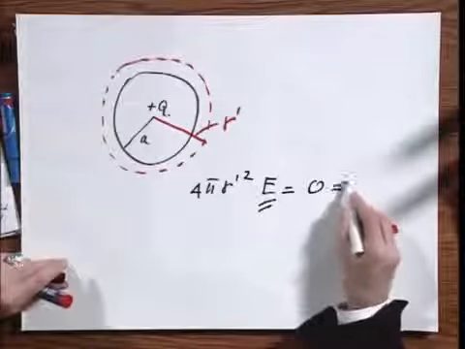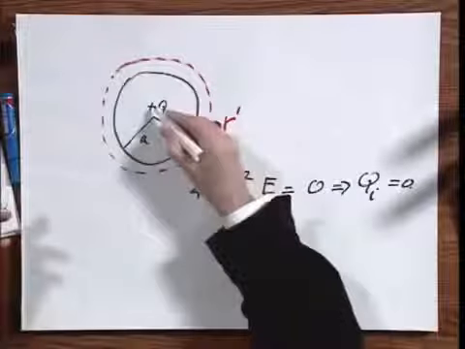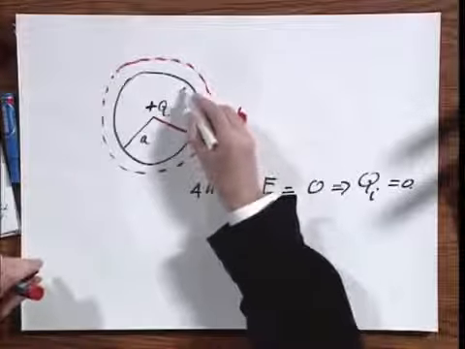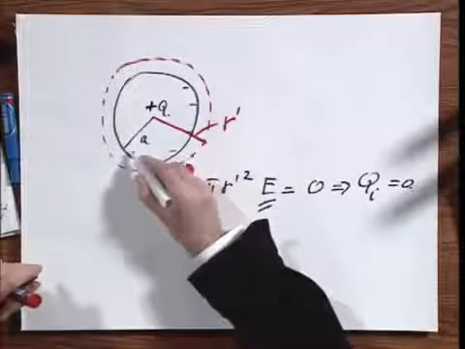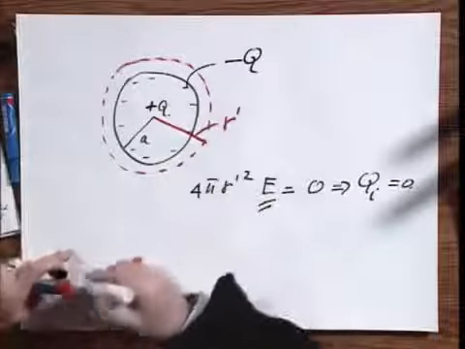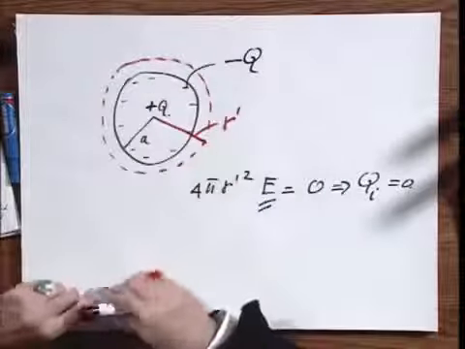And therefore it follows that Q inside must be 0. But how can Q inside be 0? Because there is a plus Q here. Well, the only way that nature can do it is that nature induces on the inside of the inner sphere a total charge of minus Q, so that the net charge inside this sphere is 0.